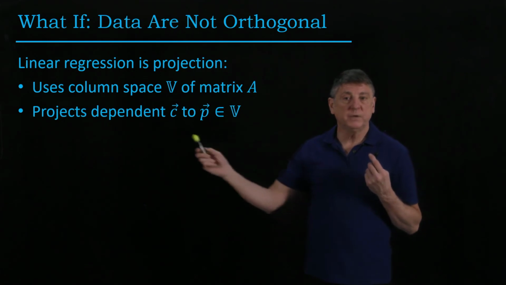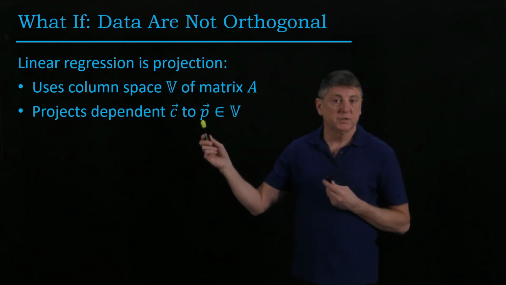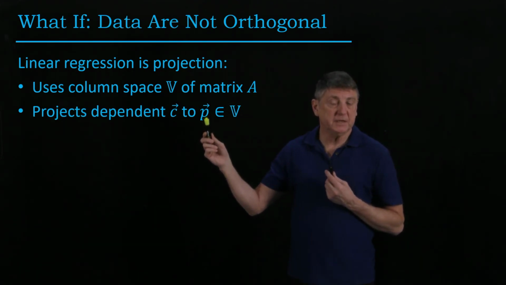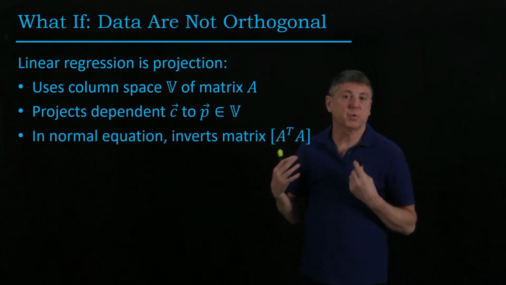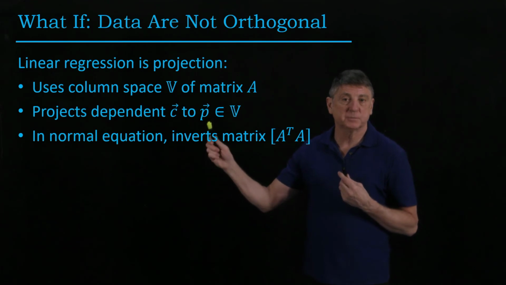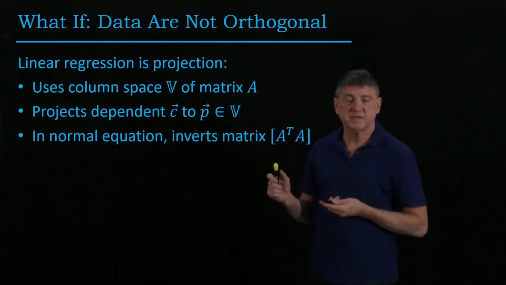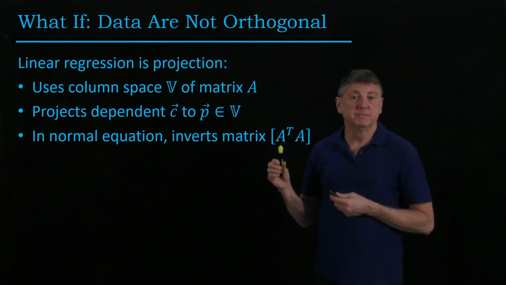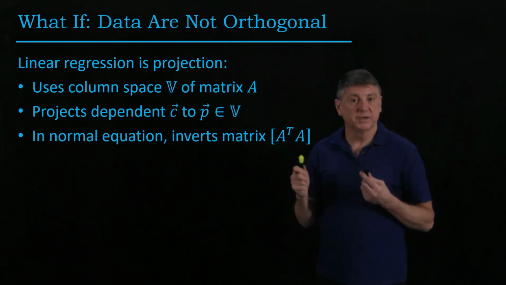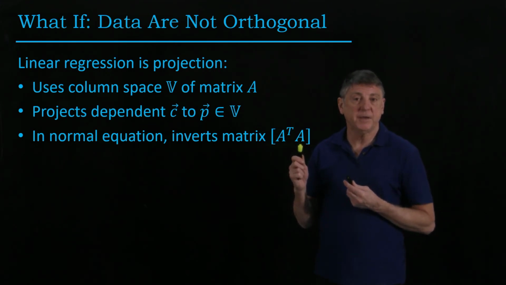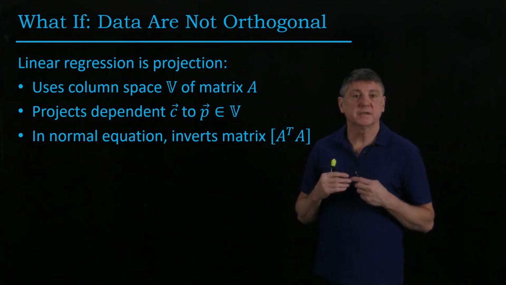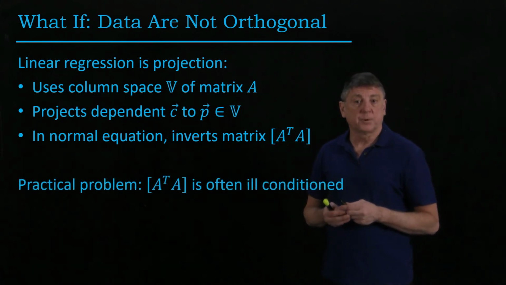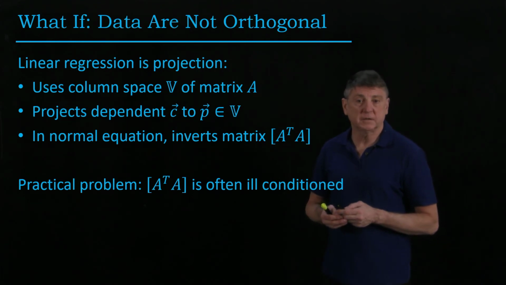When we do that projection, we want to get some vector P that is in that column space. If we're going to find P explicitly, then we know from previous sessions that this involves inverting this matrix. We know that if the data in A are linearly independent, then A transpose A is symmetric and positive definite, so it's mathematically invertible. A practical problem is that it's often ill-conditioned.